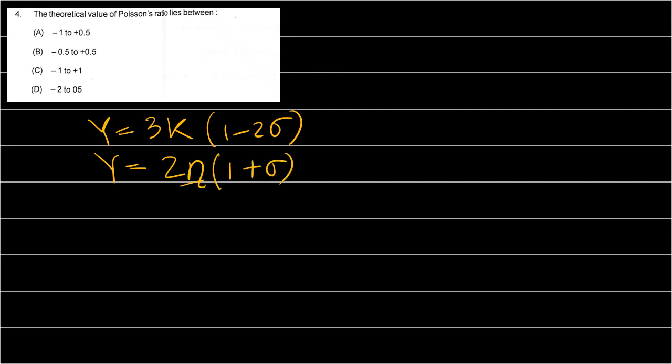After solving this, we will get 3k(1 minus 2 sigma) equals 2 eta(1 plus sigma).